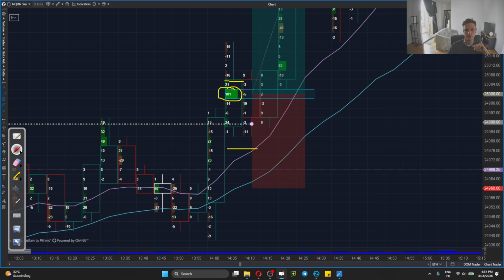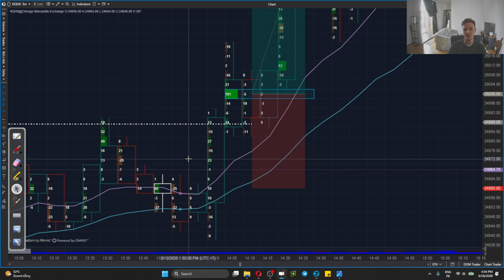If the candle had closed down here and these guys were trapped and absorbed at the highs, it would be a totally different story. But in this case, we have a huge amount of buyers and we close above them and we close above this resistance, potentially becoming support.